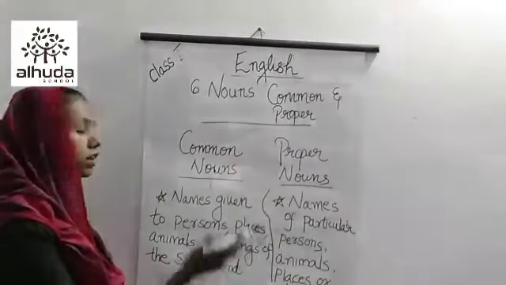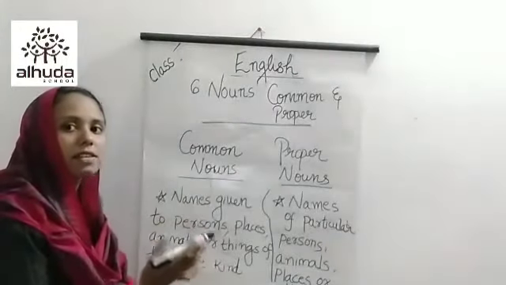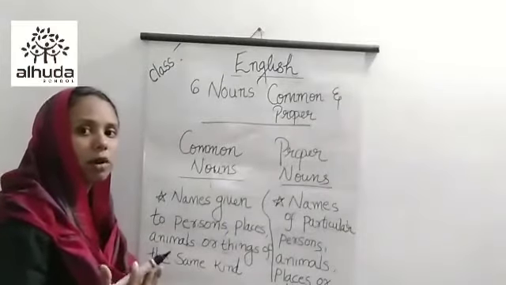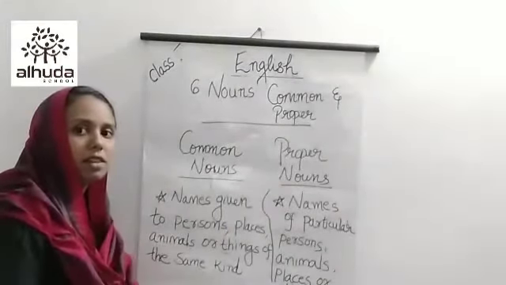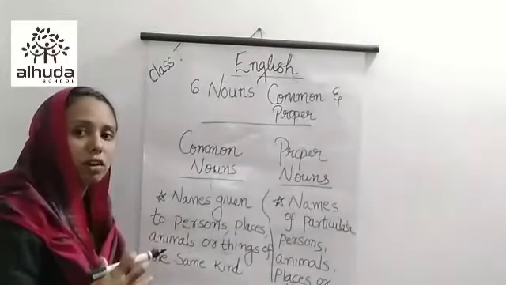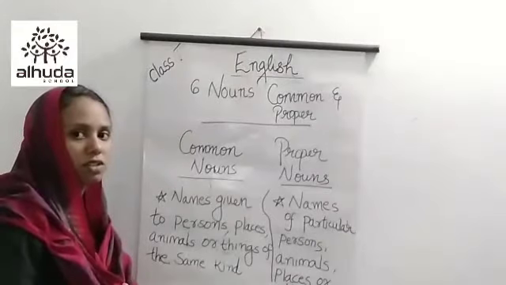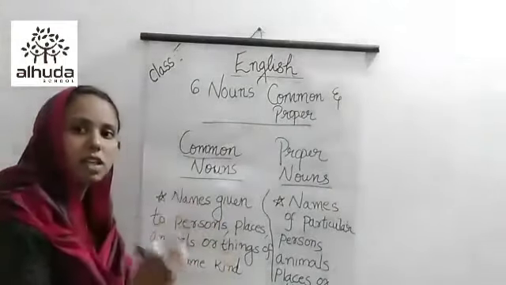When we are talking about the same kind of places, animals, persons, we call them common nouns. That is the name which is common to the same kind.